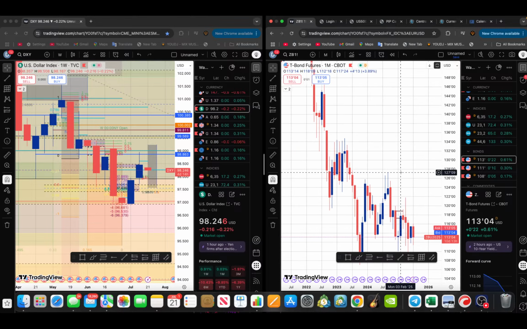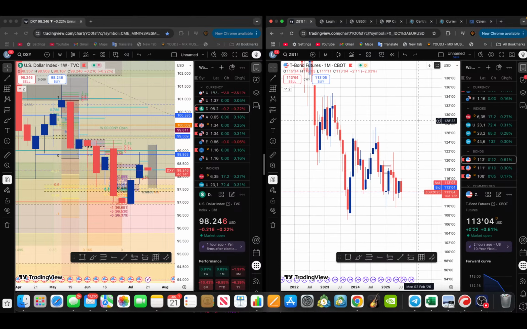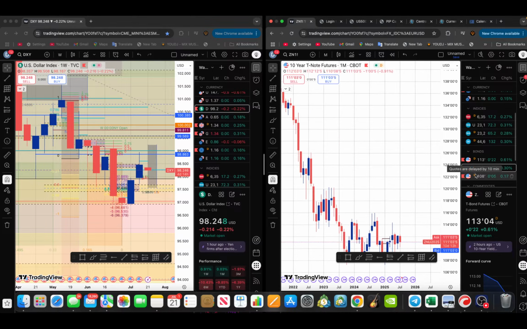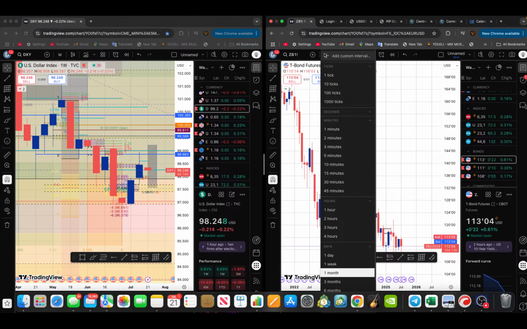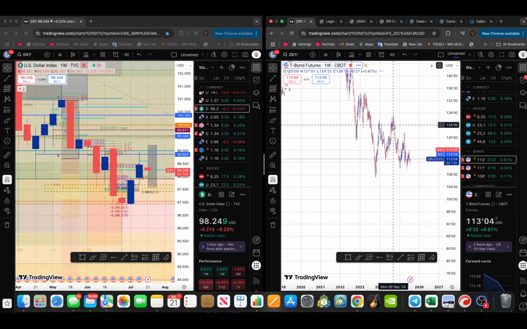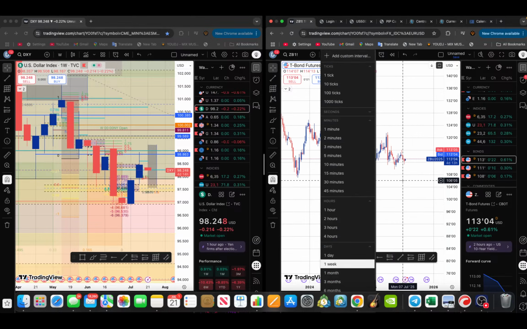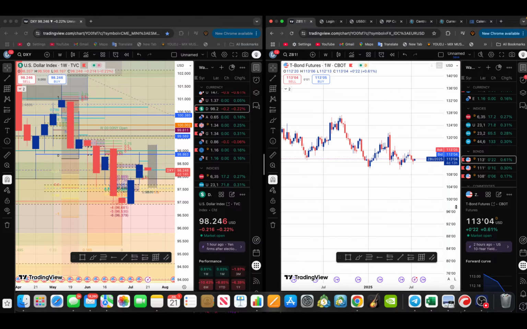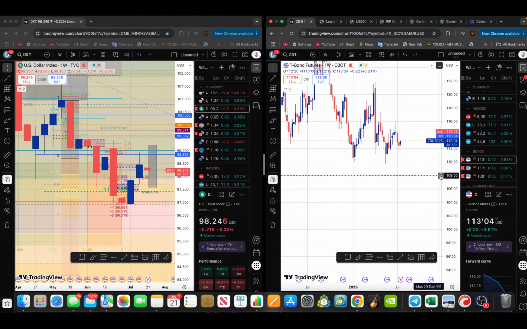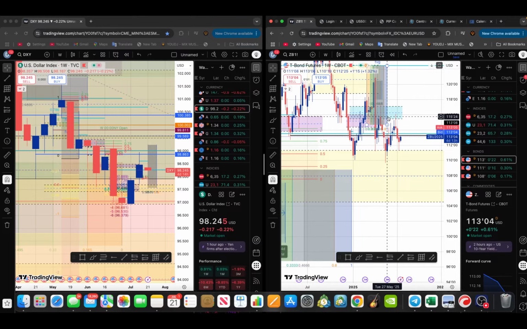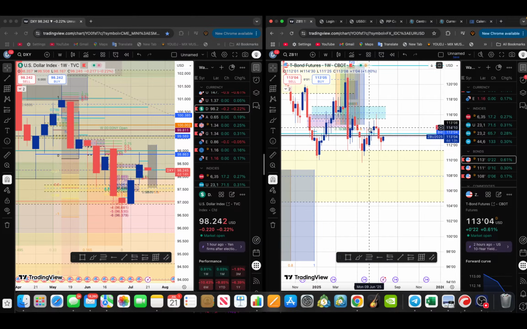Now let's look at a bit of bonds. So the bonds went higher and then went lower back into the order block.